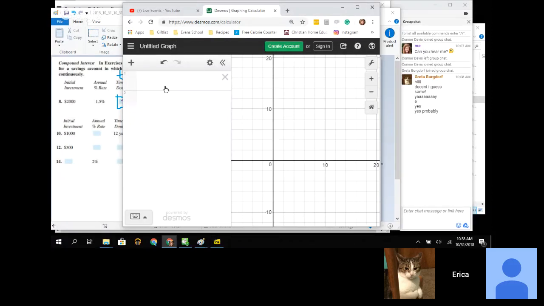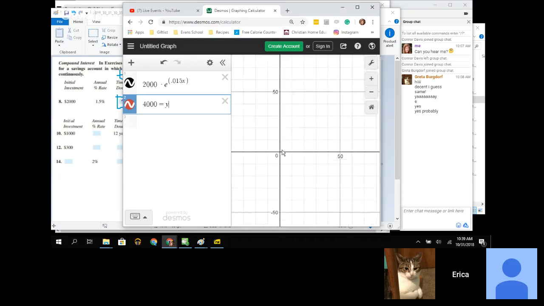I want to know when I have $2,000 times e to the 0.015 times x. I want to find out when that reaches $4,000. I'm basically graphing both sides of my equation.